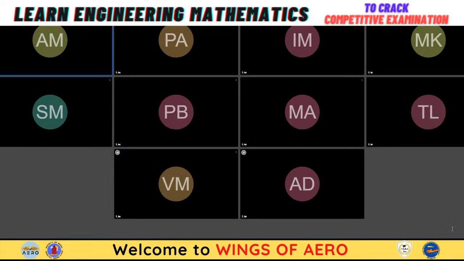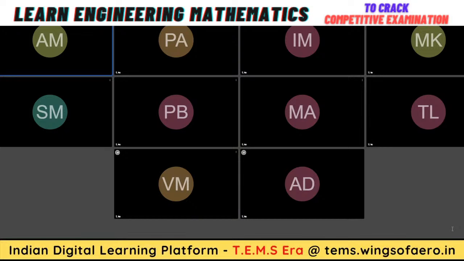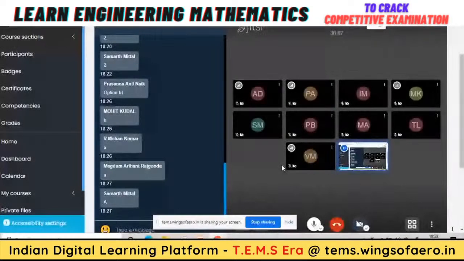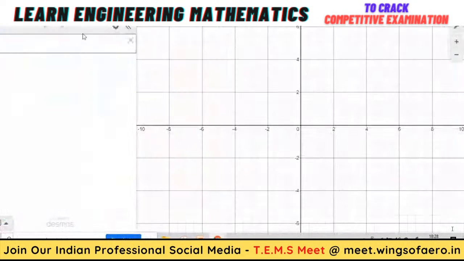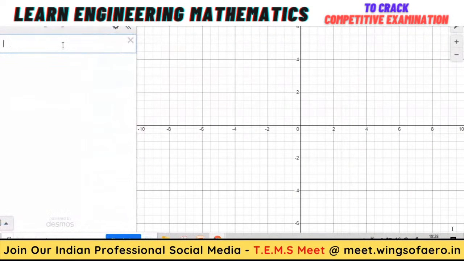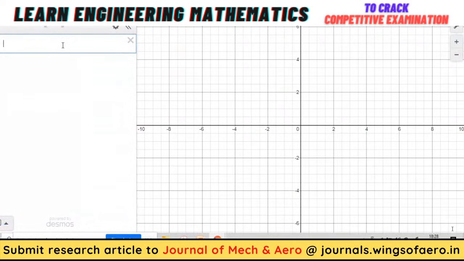Okay. Now I'm explaining it. I stop sharing the screen and I'm sharing my entire screen. Now look, I am just creating the curve e to the power x by 1 plus e to the power x.